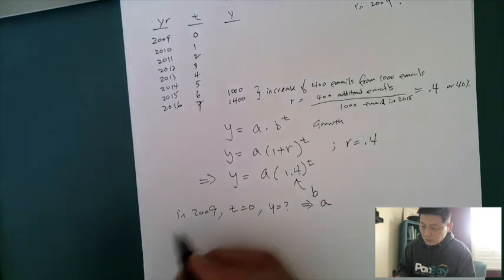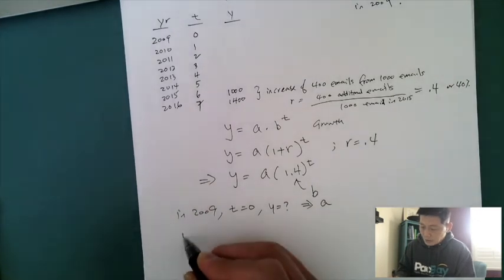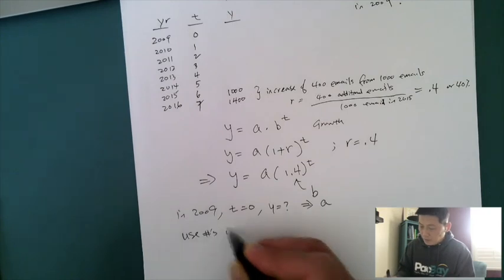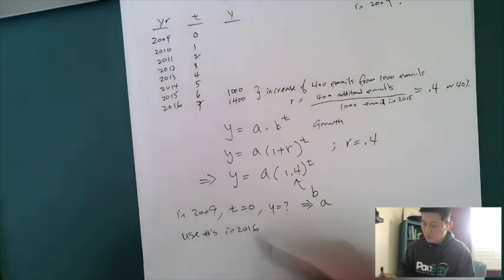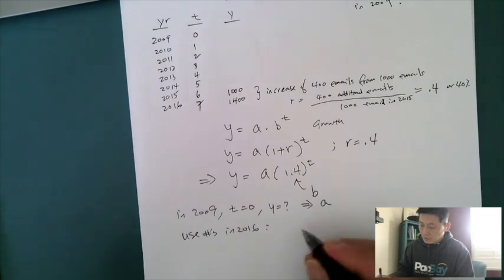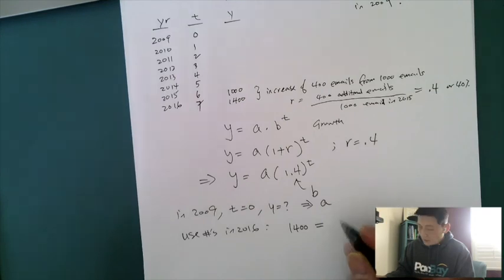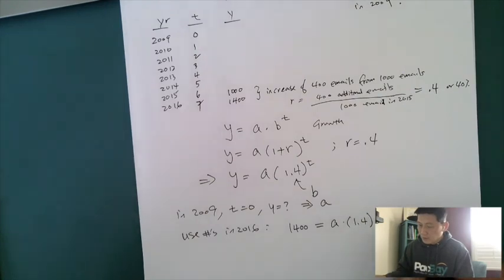But what we can do is use numbers in 2016. So in 2016, we got 1400 is equal to A, which we don't know, times B, which is 1.4, to the T power, and T will be 7, right?